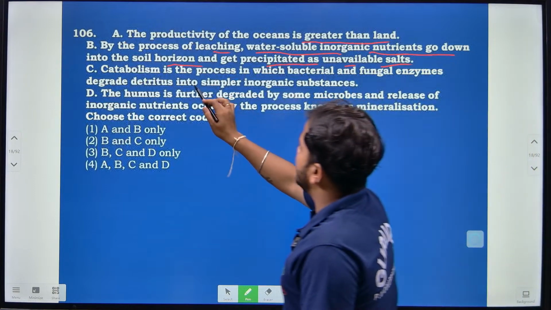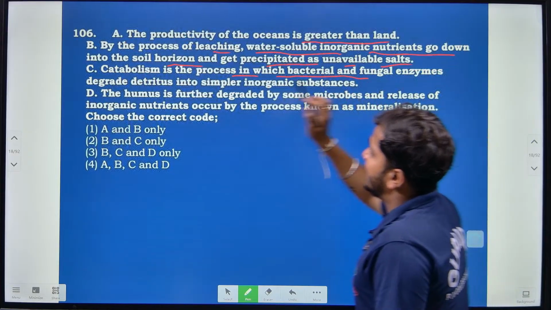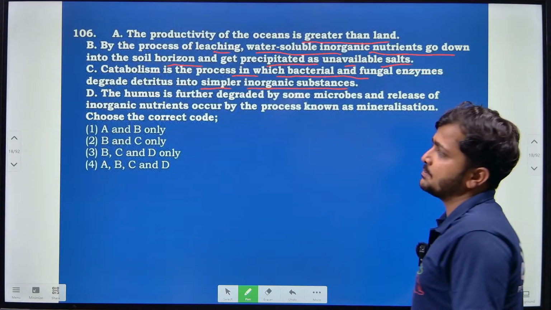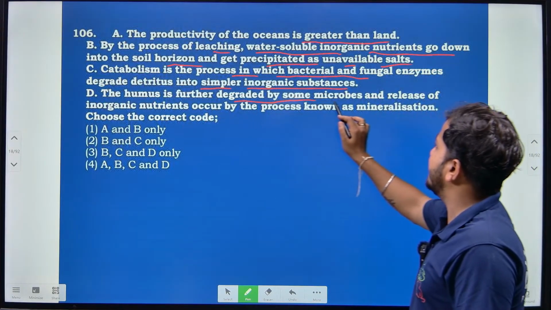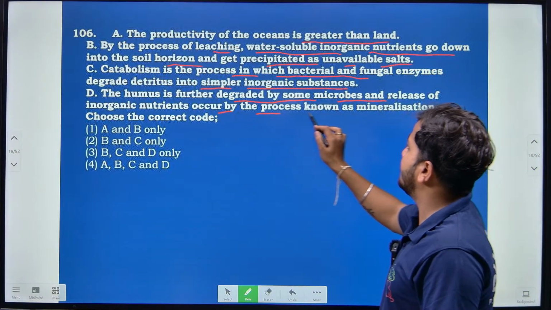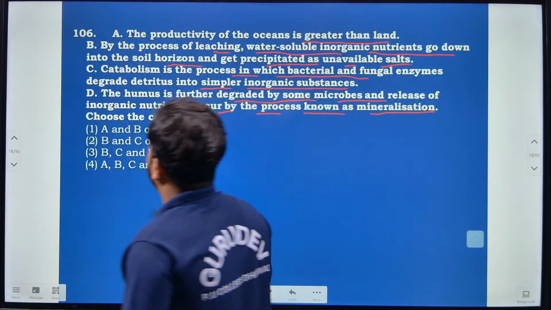Then catabolism is a process in which bacterial and fungal enzymes degrade detritus into simpler inorganic substances. Then humus is further degraded by some microbes and releases inorganic nutrients by the process known as mineralization. Choose the correct code here.